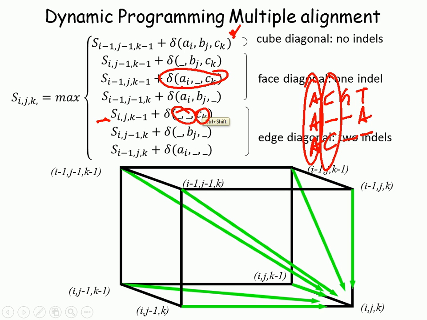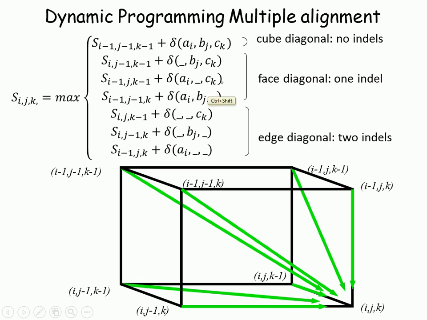You have a residue in the first sequence, a residue in the third sequence, but a gap in the second one. This one corresponds to this one right here. Okay, so you have a residue but two gaps. Sorry, the last one was this one right here, where the first two sequences had a residue, the third one had a gap.